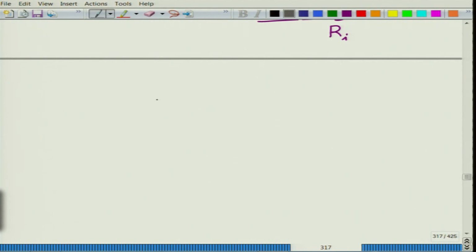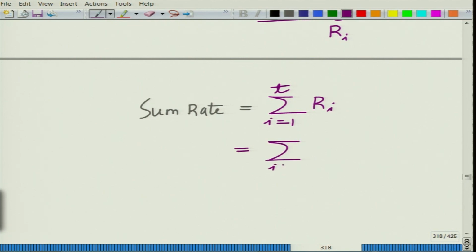So, therefore, the sum rate is equal to summation I equal to 1 to T R I, which is summation I equal to 1 to T log to the base 2 1 plus sigma I square Pi over sigma square.